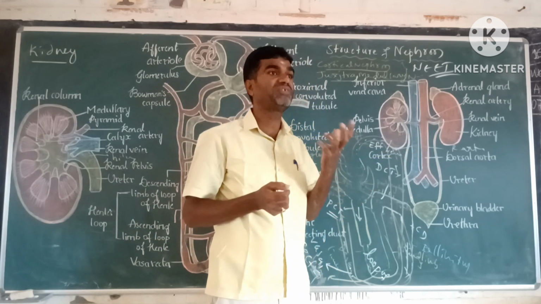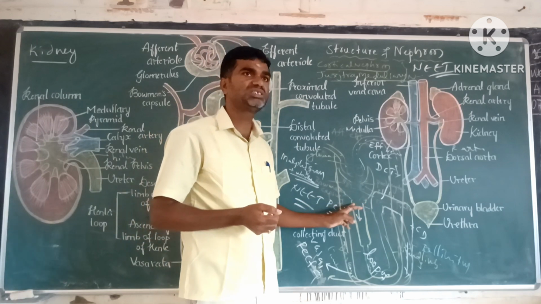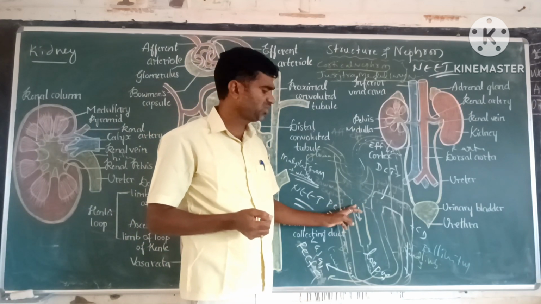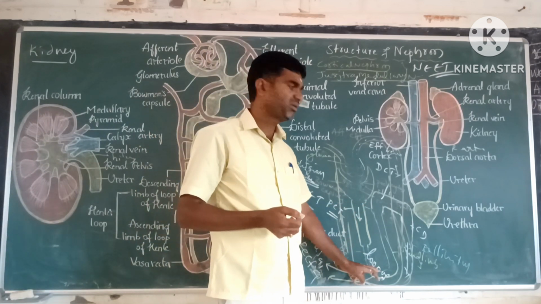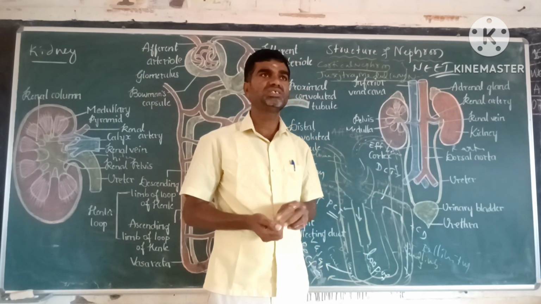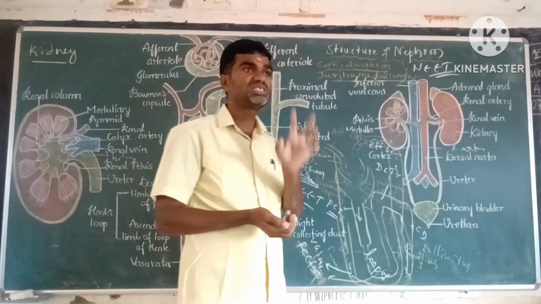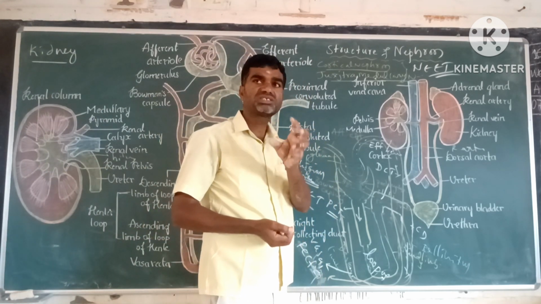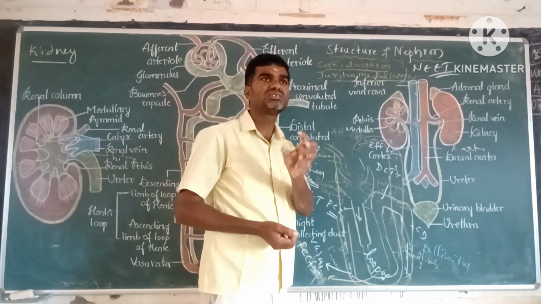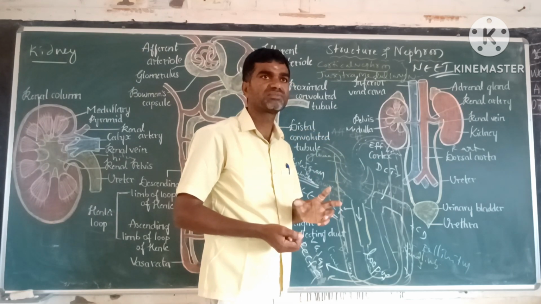The cup-like structure is followed by the PCT, proximal convoluted tubule, then the loop of Henle and DCT, through the collecting duct. Now it reaches the urinary bladder. So this is the structure of the nephron, and likewise urine is formed and reaches the urinary bladder.